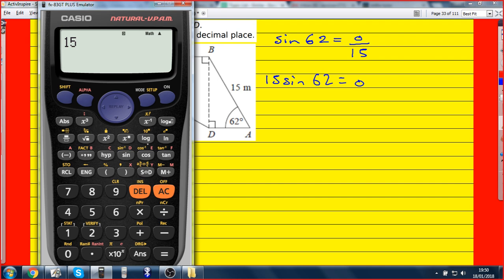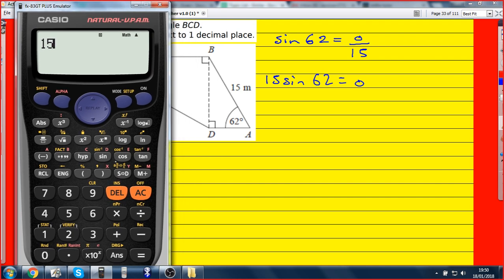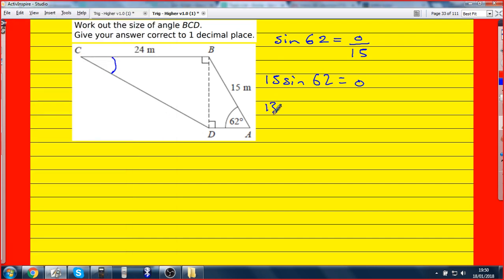They want the final answer to 1 decimal place. So what will we do our working out to? 2, 3. It's always 2 more than they ask for. Okay, so you would do 13.244. And that is BD.